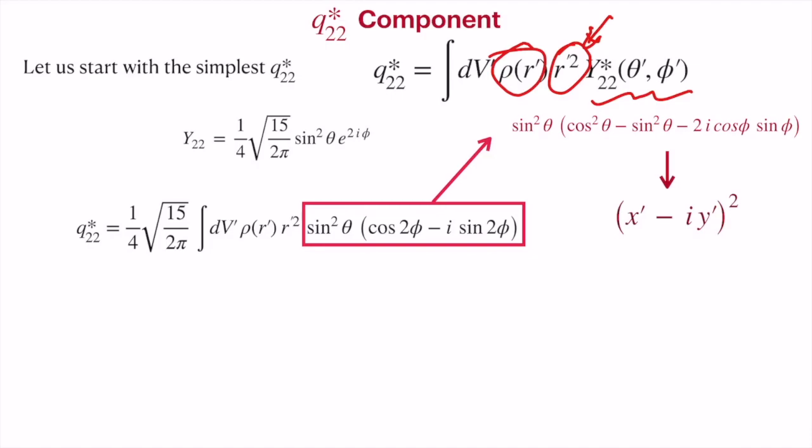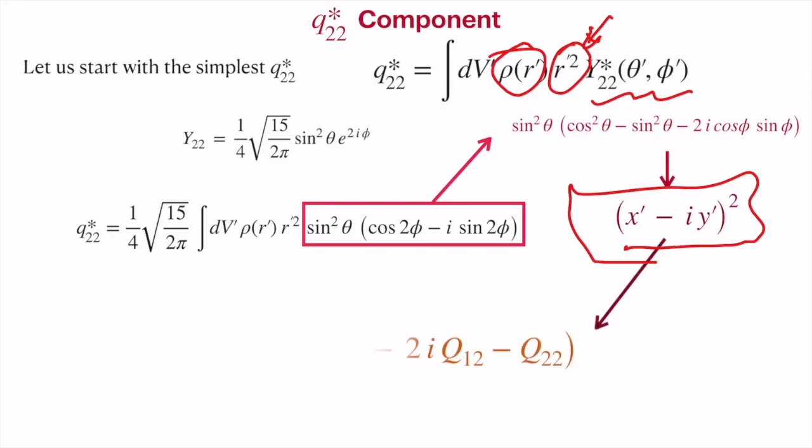One can expand the trigonometric functions and get the simple expression y is equal to the quantity y prime minus ix prime, which we have similarly seen in the quadrupole moment in the Cartesian coordinate system, and then we can substitute back and compute the Q2 in terms of the Cartesian coordinate system.